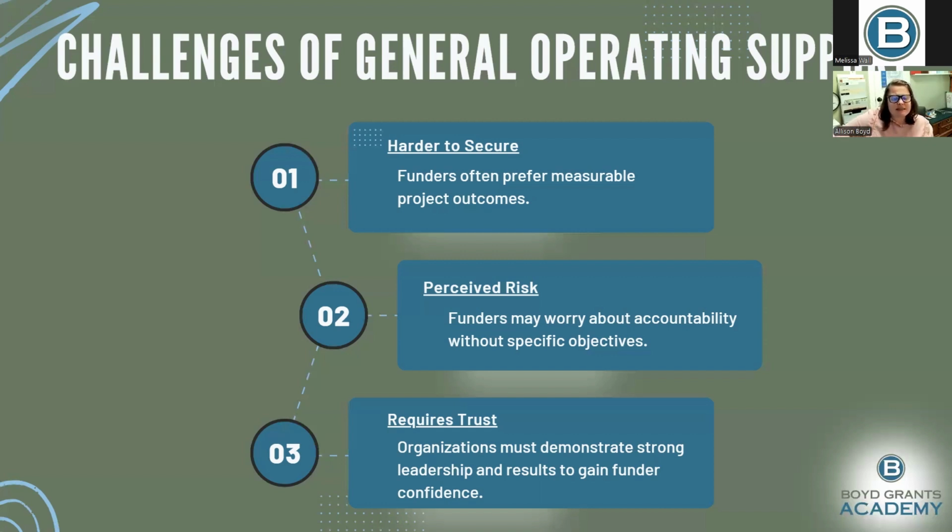Another challenge is building and maintaining strong relationships with funders. Many funders are cautious about offering unrestricted funding to organizations they haven't worked with before, or organizations without a proven track record. Trust and history of success are key factors in whether funders are willing to provide general operating support.